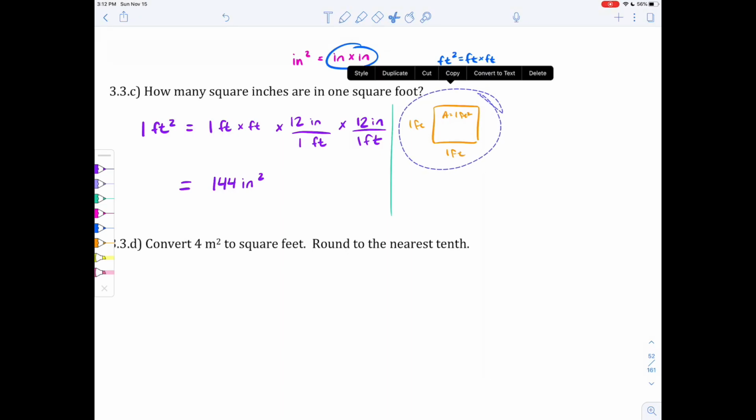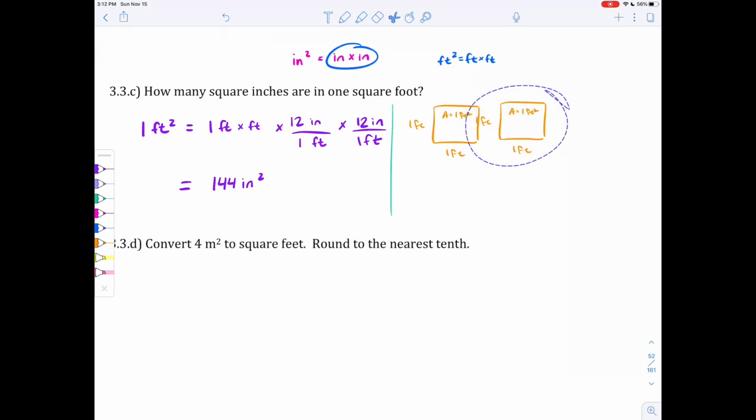But then this same box also has dimensions in inches, and we can say that if it's 1 foot by 1 foot, it's 12 inches by 12 inches. And so its area then must be 12 times 12, which is 144 square inches. So just another pictorial rationale for it being 144.